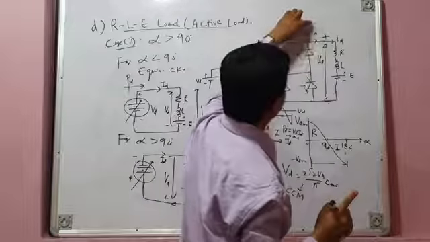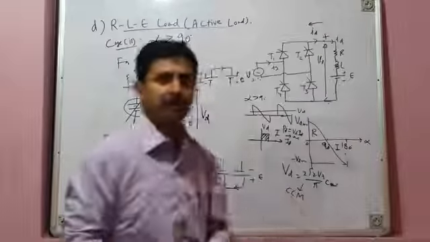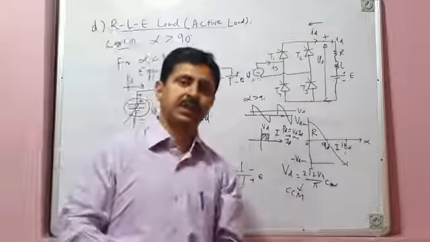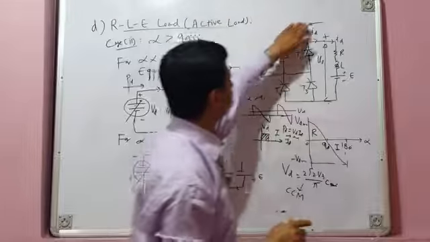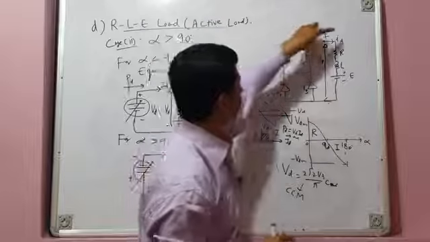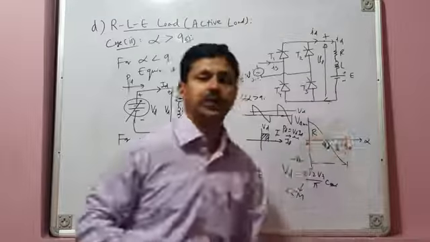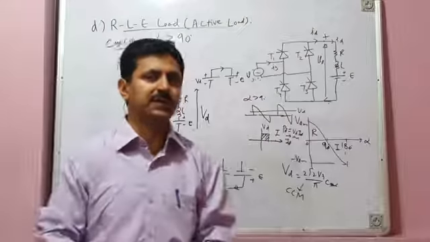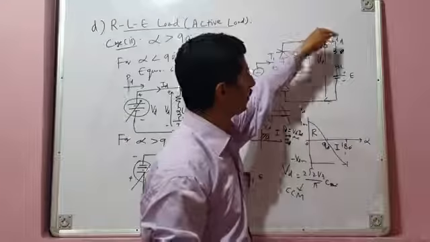If you say that the direction of current has reversed, then the current has to flow from cathode to anode. That is not possible. An SCR is a unidirectional device. It conducts only from anode to cathode. So the direction of current will always be like this. It cannot be like this, because then current would have to flow through thyristors from cathode to anode, which is not possible. Thyristors are unidirectional devices, so the direction of current remains constant.